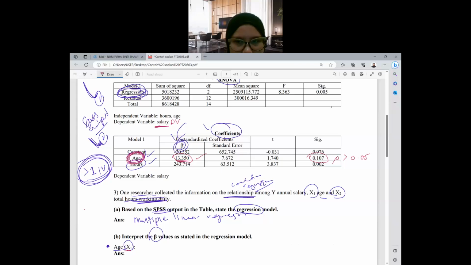Why? Because if it is more than 0.05, you fail to reject your null hypothesis. So you need to state that there is no correlation between the age and the salary. You have insufficient evidence to conclude that the age is significant or that the age will give an effect. So that is for the first one, the age.